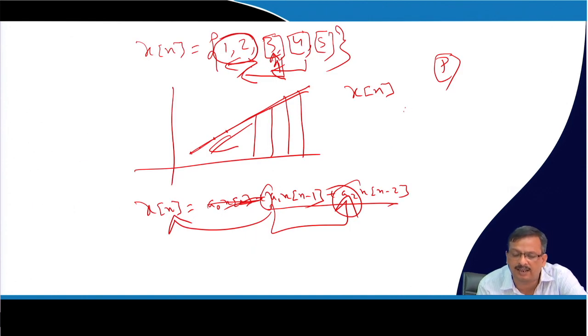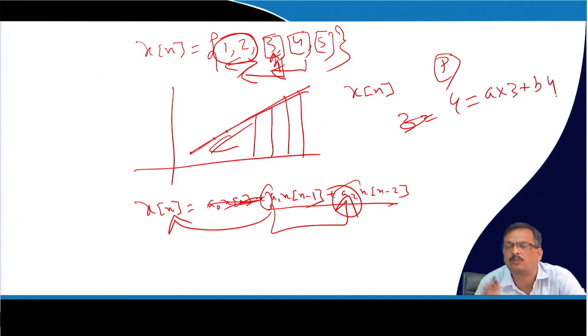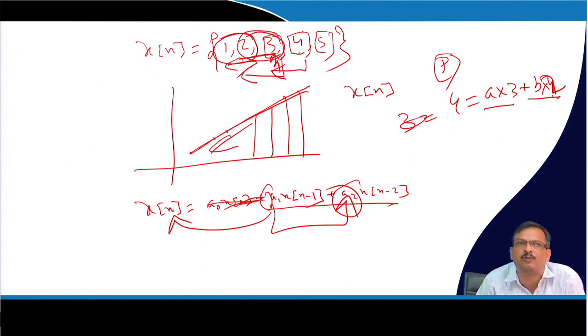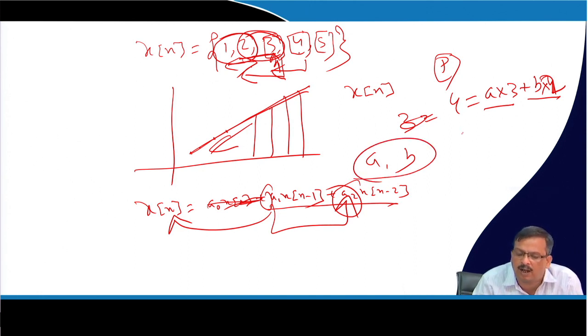Let us say 4 is a combination of a into 3 plus b into 2, the previous 2 samples. Now, what should be the value of a and b? If I want to find the value of a and b, I require at least 2 equations.